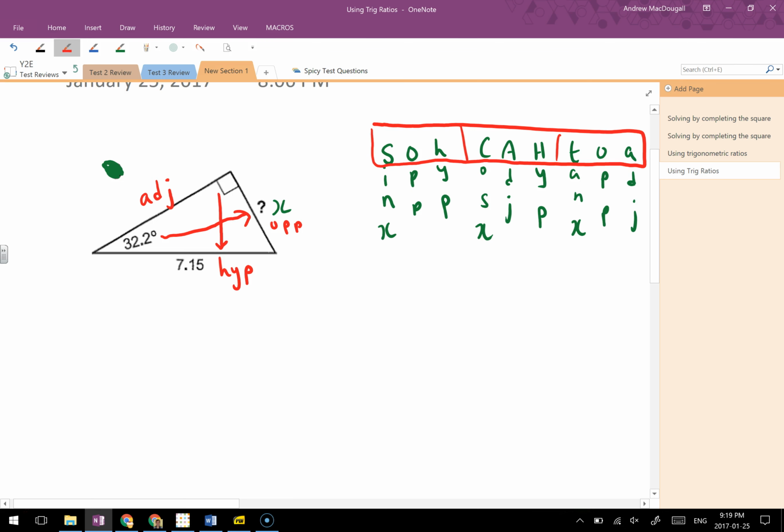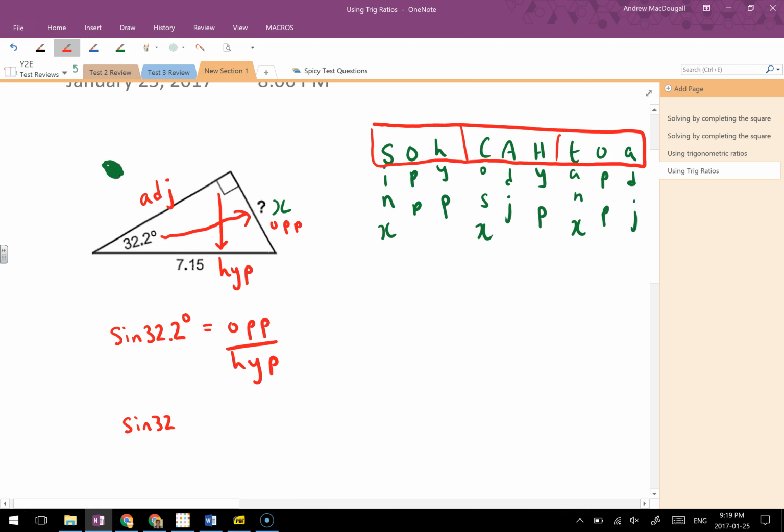So we know that if we look at the sine of 32.2 degrees, that involves the opposite, which is the side we want, and the hypotenuse, which is the side we know. So it makes most sense to use this ratio, sine.